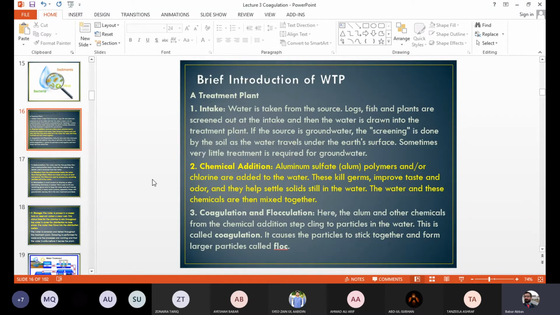All these chemicals, when mixed in water in an optimized way, are not as harmful as the agents for which these chemicals were added.